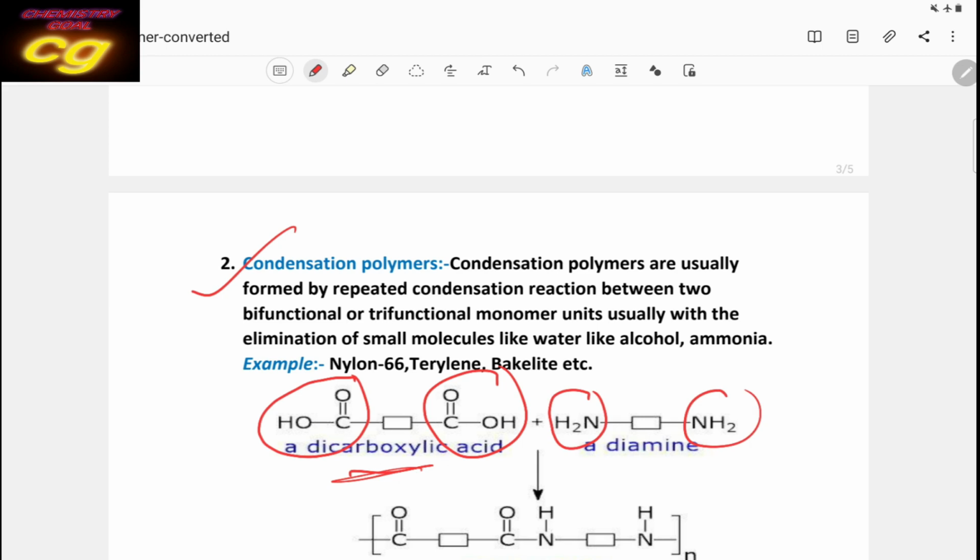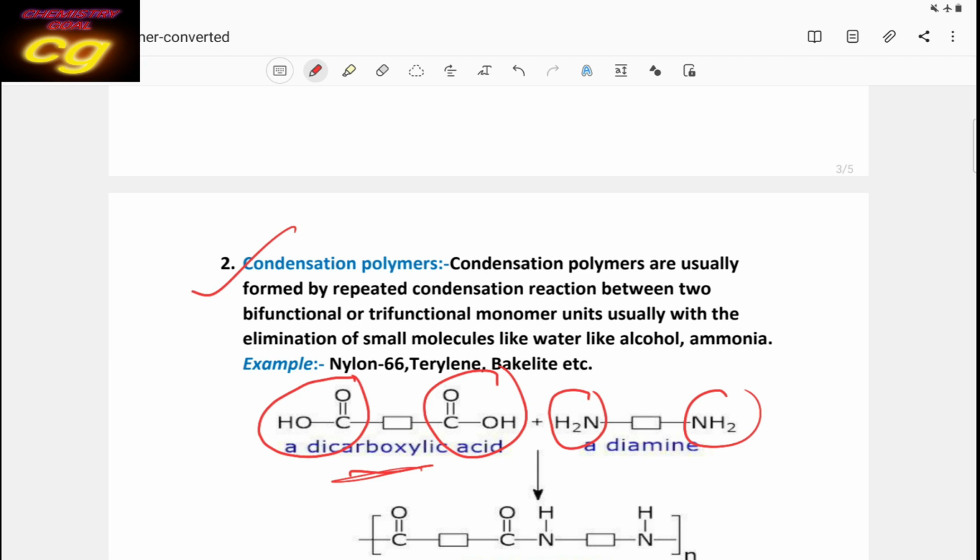So two or more functional groups are there so that they can combine at one end, so that a new type of functional group is developed and the chain grows in one direction. So due to involvement of monomers having two or more functional groups, with the loss of a simple molecule, forming the polymer, this type of polymer is called condensation polymer.